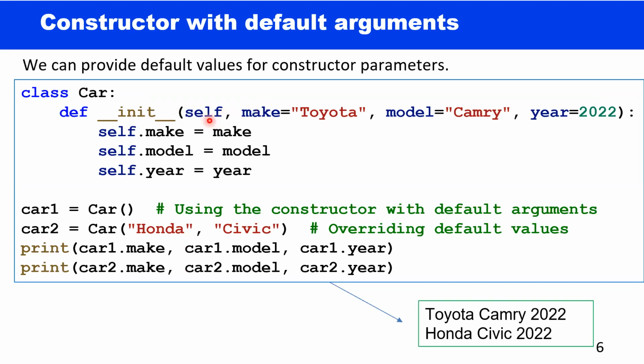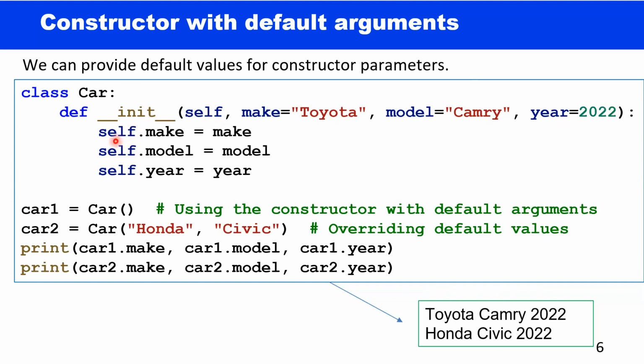The first argument is self, and the subsequent arguments are the make, model, and year, which are the instance variables of the class car. Here, if you observe, the make, model, and year are already initialized to the values Toyota, Camry, and 2022 respectively.